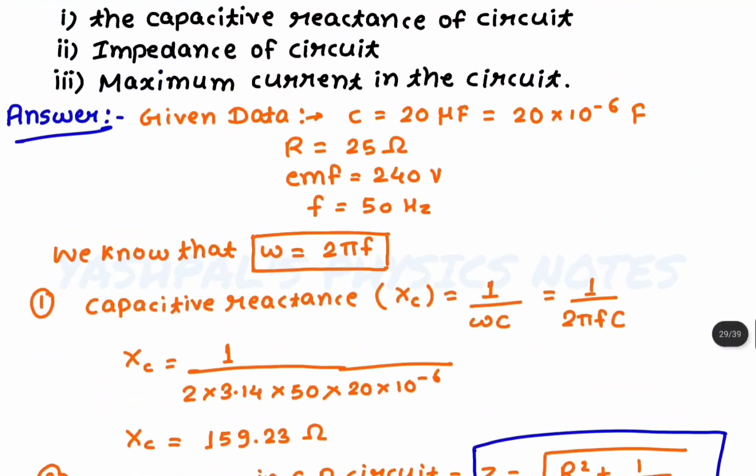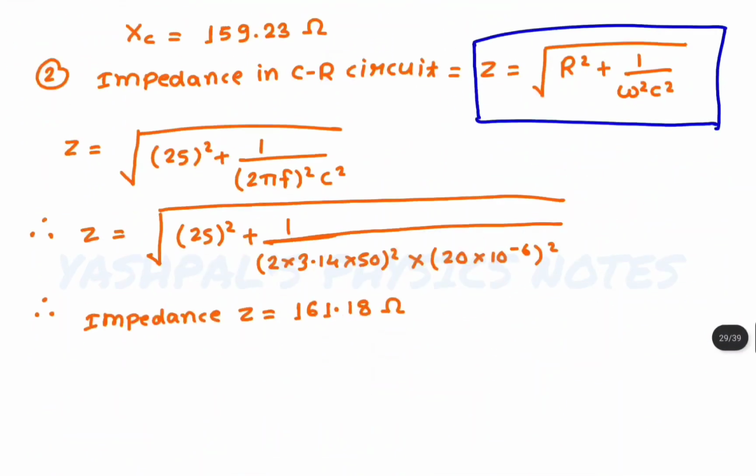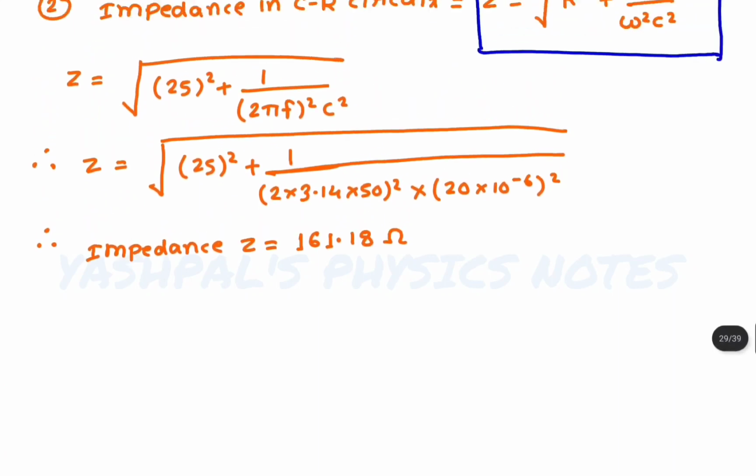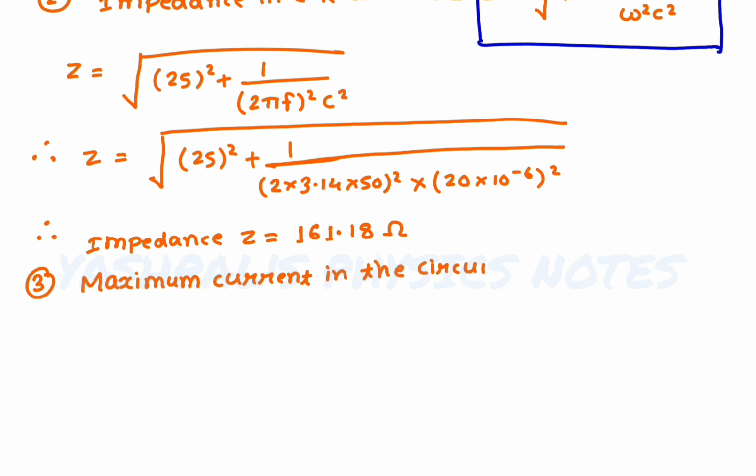Next, we have also been asked to find the maximum current in the circuit. So here I am writing number 3rd, maximum current in the circuit.